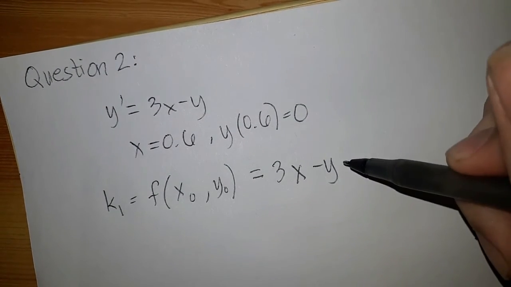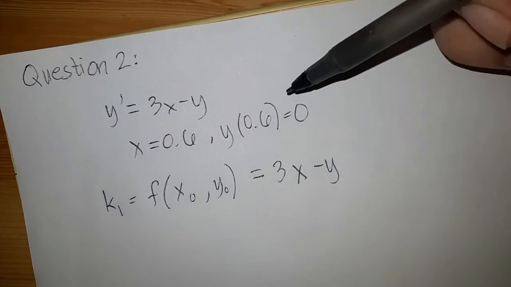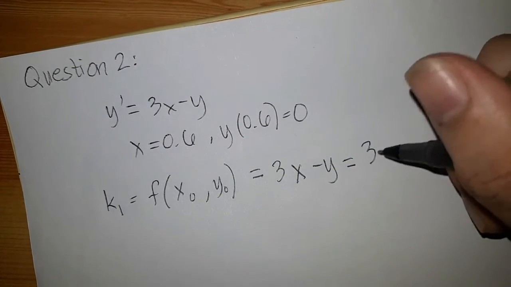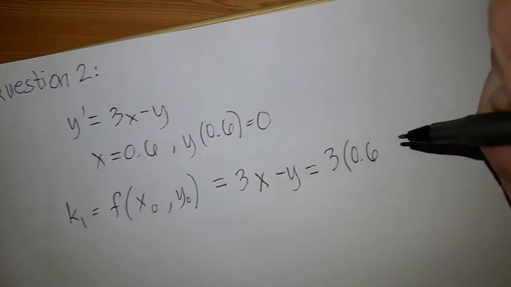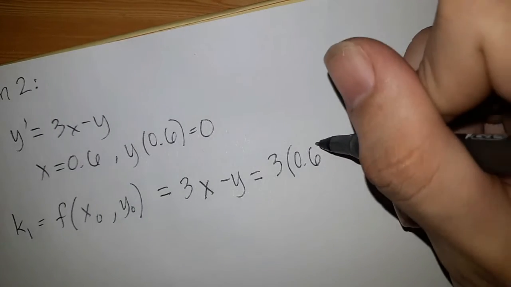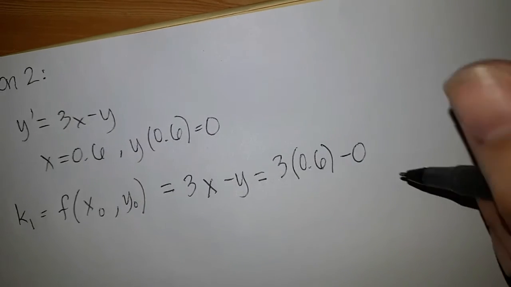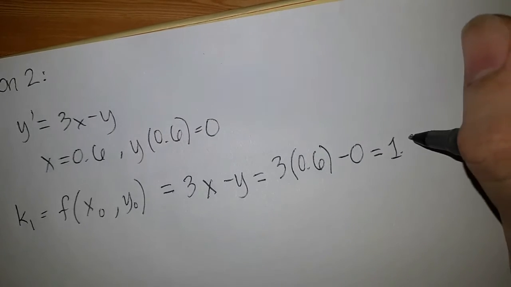We just need to substitute these values into this equation. So it will become 3 times 0.6 minus 0, and k1 is equal to 1.8.